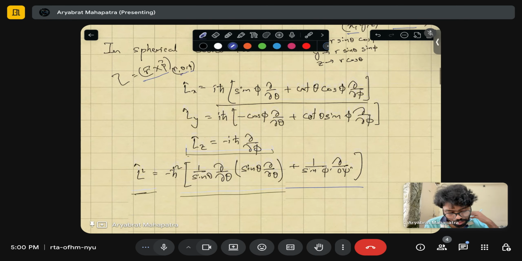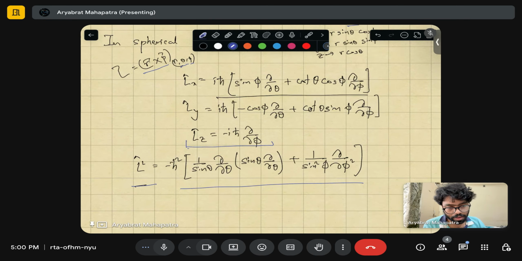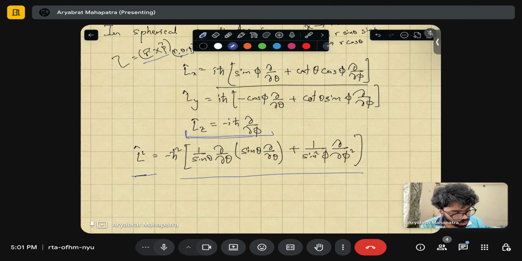You can check how this relation comes; it will surely be given in your lectures, or in books like Griffiths. So in spherical polar coordinates, you define your LZ operator as minus I h bar del by del phi.